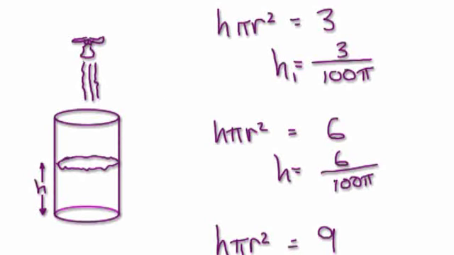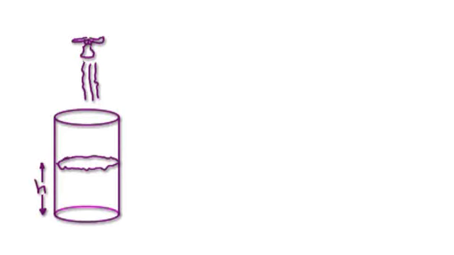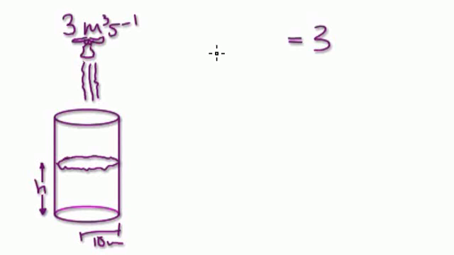Okay, but then there's a better way you can do this. Let's say this was 3 meters cubed per second, and this was 10 meters. Now, you could have answered this question by doing this: 3 equals pi r squared times h.